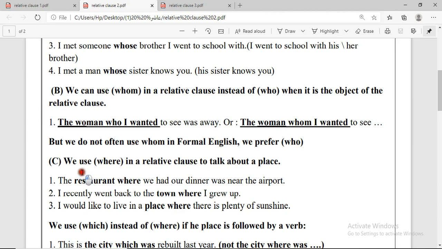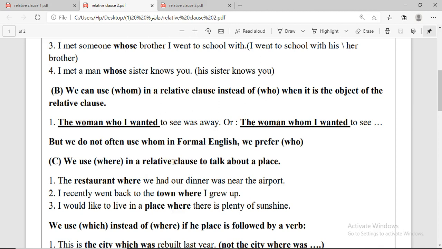Let's move to see. We use where in a relative clause to talk about a place. We use where for places. Look at this sentence. The restaurant where. Before we start, can we give places as examples?